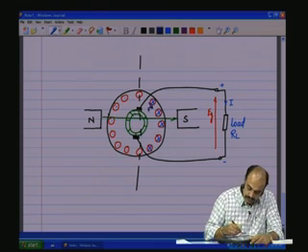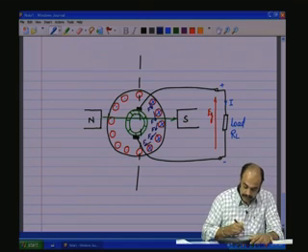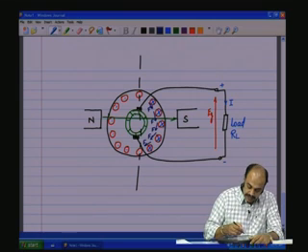Likewise, this conductor will have a force in this direction. This conductor will have a force in this direction. All these forces will add up. Each conductor will apply a force in this direction, downwards.